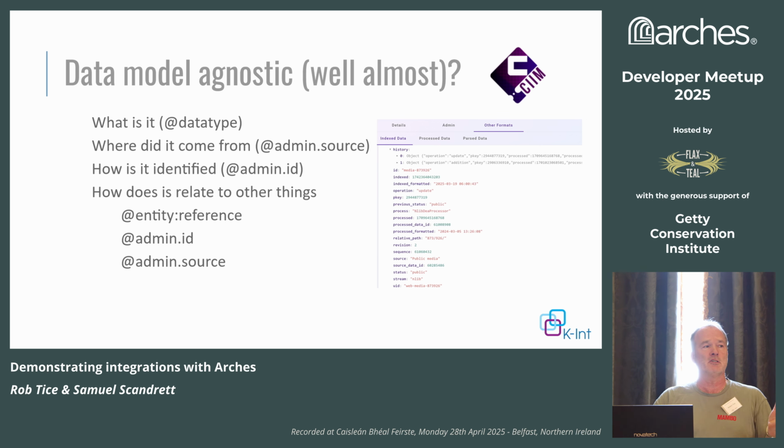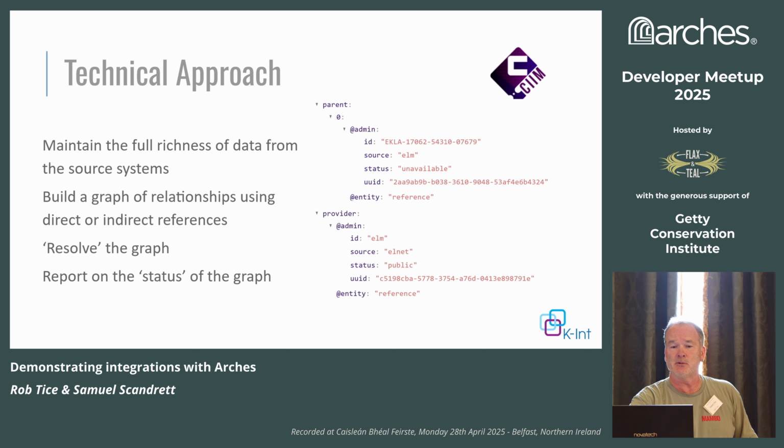So it has no concept of what it is it's actually managing. It's just a JSON structure behind the scenes. Then you just need to know those basic things and also how relationships are made to other items. Those are the only constructs that it understands. You bring the data in and then it turns it into a graph, maintaining the full richness.